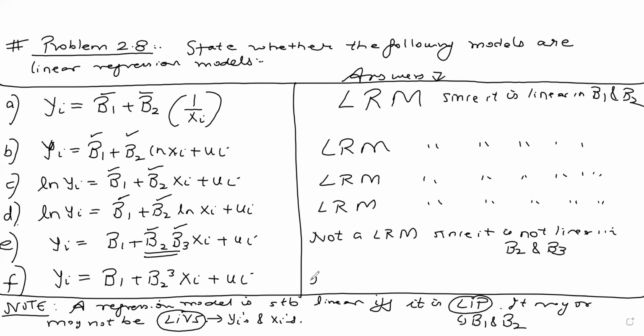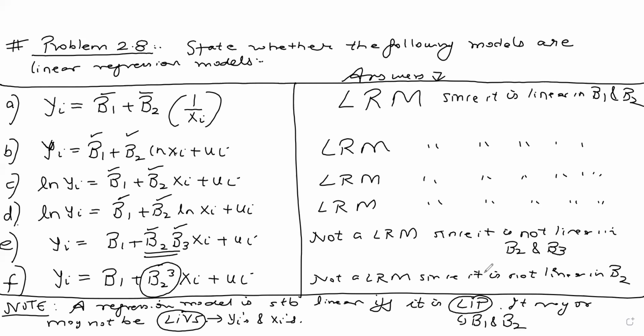And the last one is also not a linear regression model because you can clearly see it's B2 cube. Since it's not linear in B2, it's not a linear regression model.